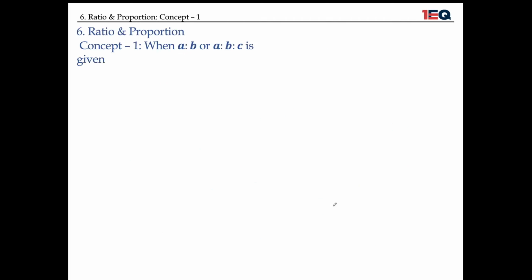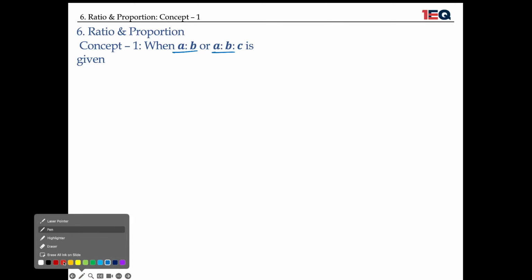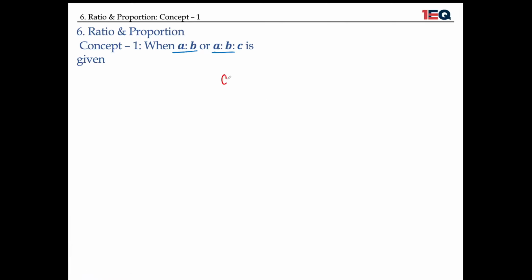Moving to the next question. Then there is another standard point of ratio which I would like to tell you about. Whenever two ratios are given, A is to B, and a third ratio is also given, B is to C. Let's assume the value here is 2 is to 3, and the value here is 7 is to 11.